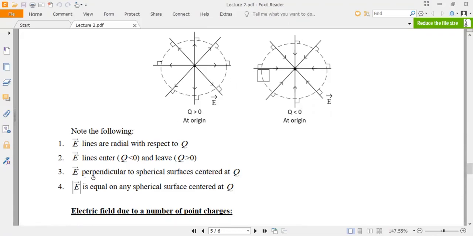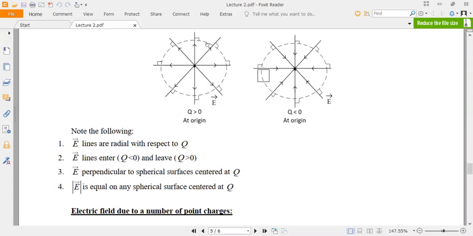Then electric field lines are always perpendicular to the spherical surfaces centered at Q. So if this is the spherical surface, which is nothing but your ball, then the electric field lines will all go out from this spherical surface if you have a positive charge. And when they go out, they are always 90 degrees to that spherical surface.